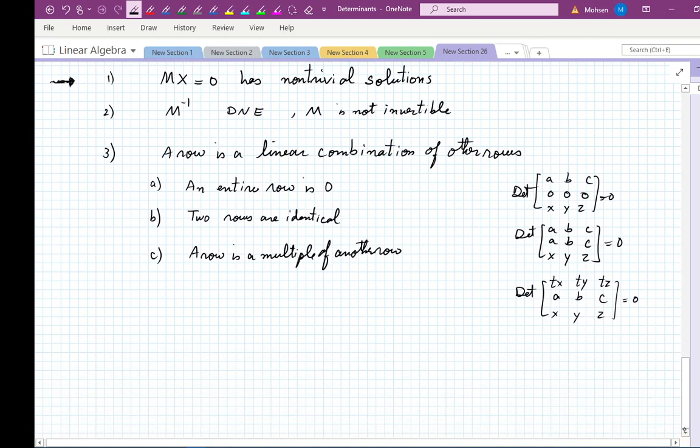Okay, the next set of properties: we said in our course the most important set of operations were the so-called elementary row operations. So we are going to talk about the effect of elementary row operations on the determinant of a matrix.